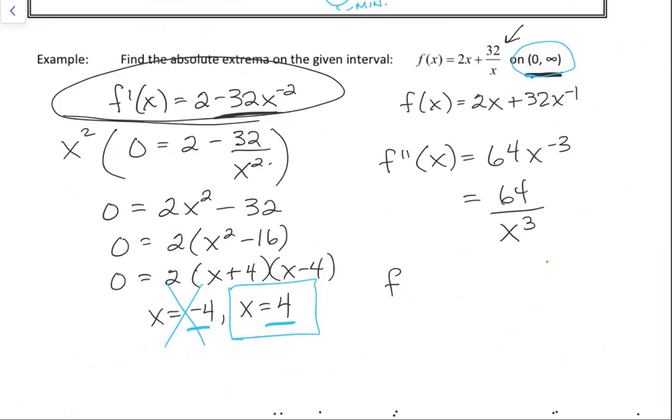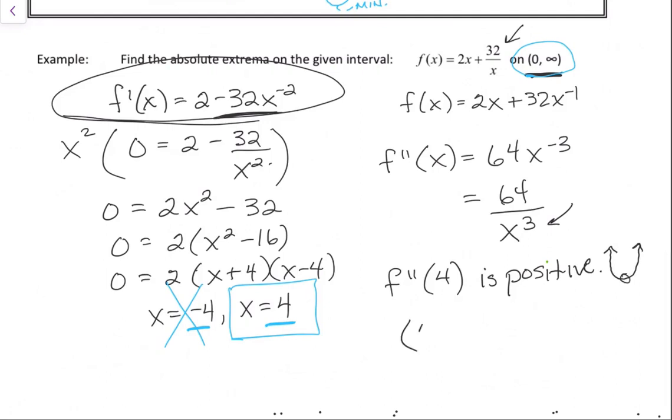And I want to determine if I replace that x with 4, whether I would get a positive result or a negative. And of course, if I plug in 4 for x here, I'm going to end up with a positive result. And a positive second derivative implies concave up, which forms a min.